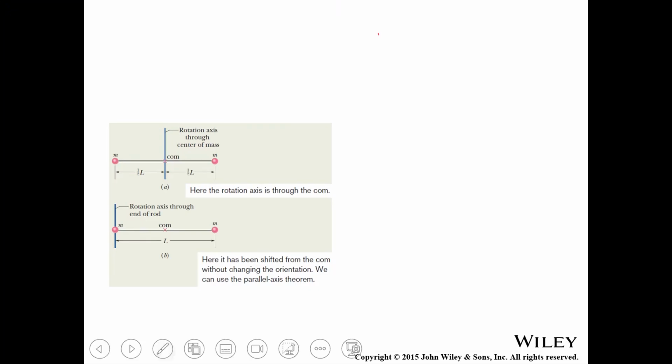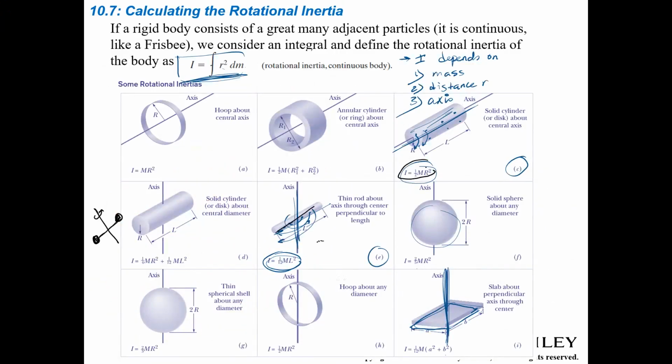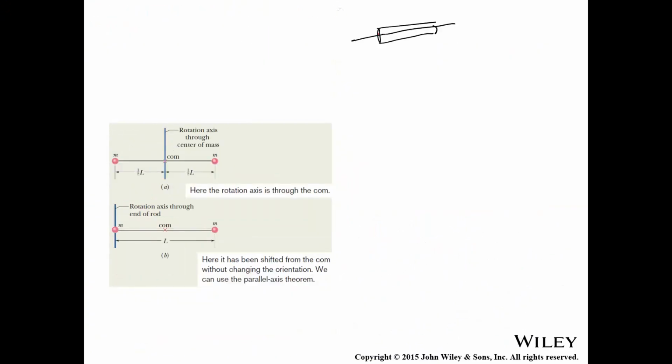We talked about the example of the rod. This rod, if it's rotating around this axis, if I go to the table of constants of rotational inertias, this rod has this rotational inertia, half mr squared. Do you agree, Adam? Yes, Professor. Yeah, so for this case, it's just half mr squared.